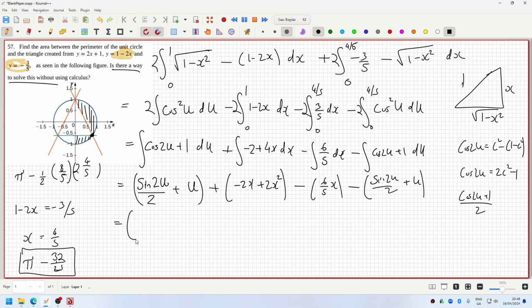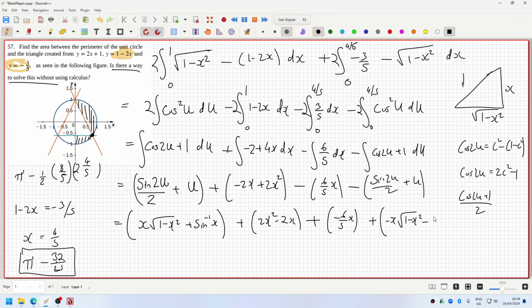Whew. That would be sine u cos u, x root 1 minus x squared, sine inverse x, plus 2x squared minus 2x, plus minus 6/5 x, plus minus x root 1 minus x squared minus sine inverse x.